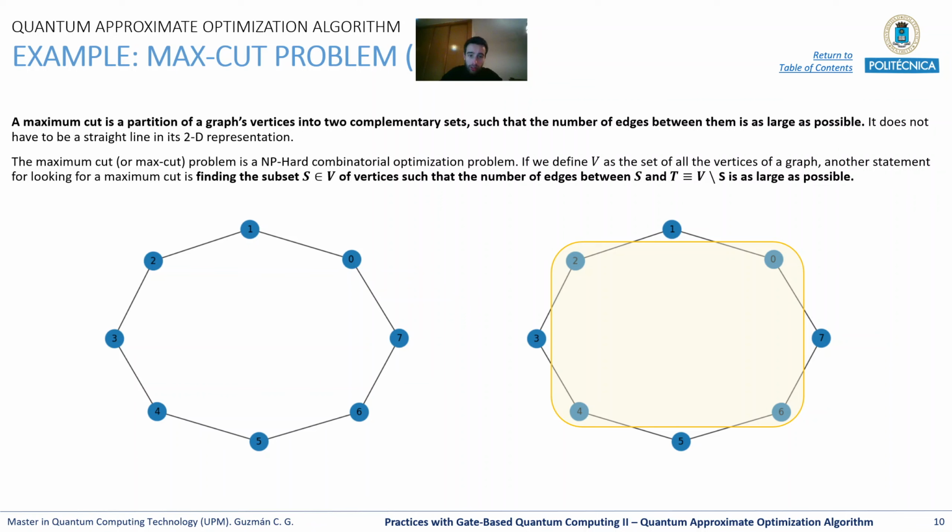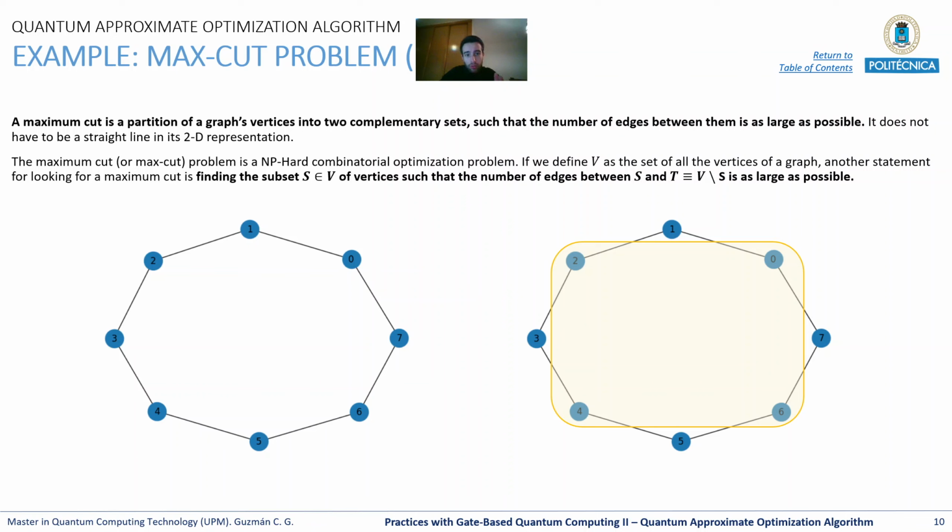The more we grow the number of vertices, the more complicated the problem is. This is an NP-hard combinatorial optimization problem, and of course, we can try to solve it with the QAOA.